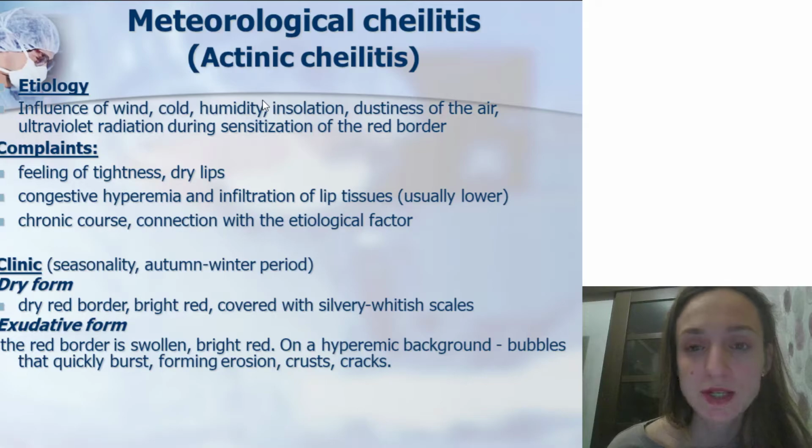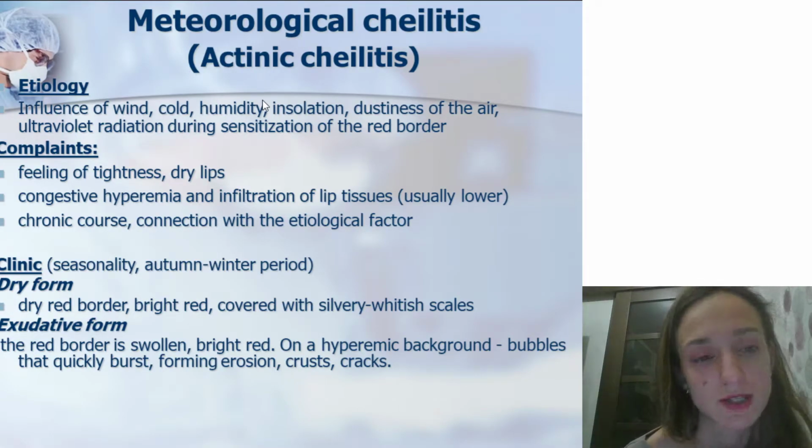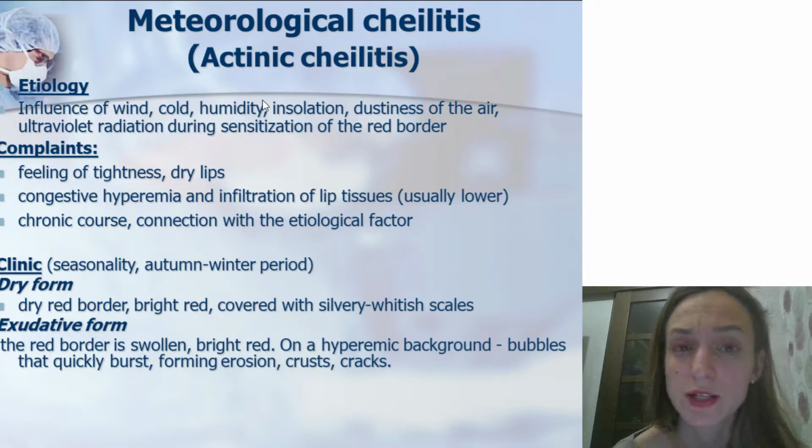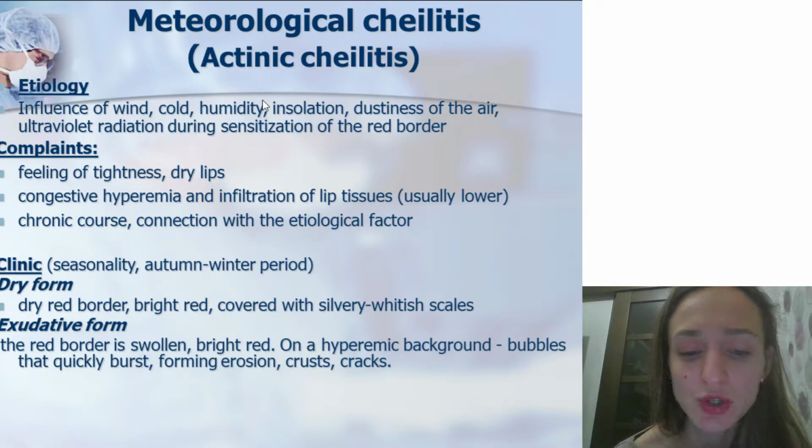Next one, meteorological cheilitis or actinic cheilitis. The disease is characterized by chronic inflammation of the red border of the lips, which occurs under the influence of meteorological factors, for example, cold, wind, solar radiation, humidity, or dusty air.